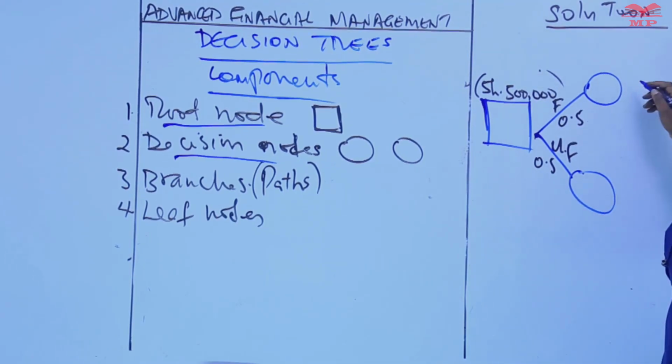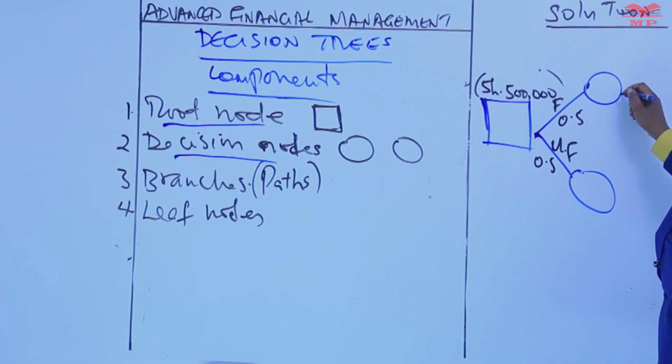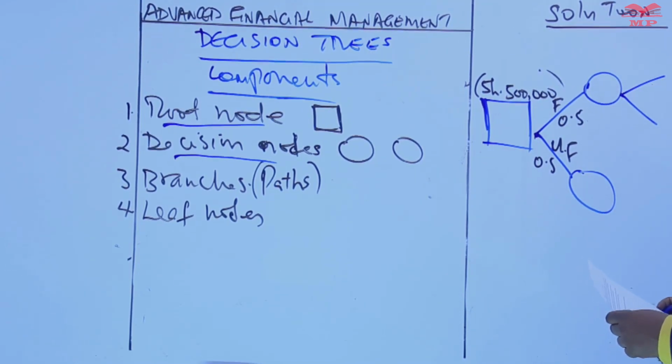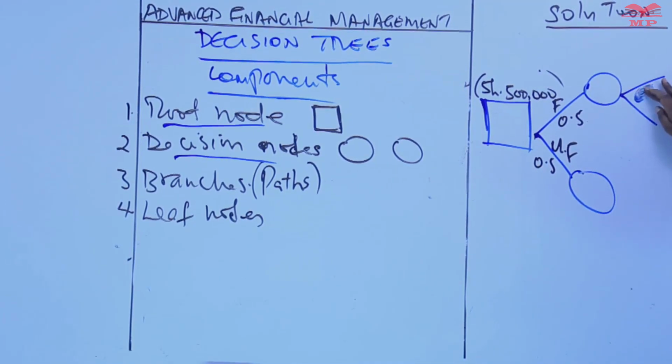So we have 70%, converting into decimal, that gives me 0.7. This one gives me 0.3.